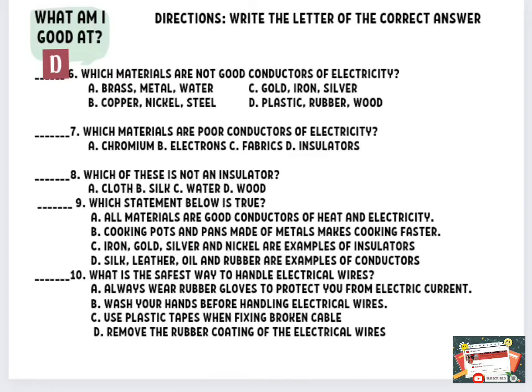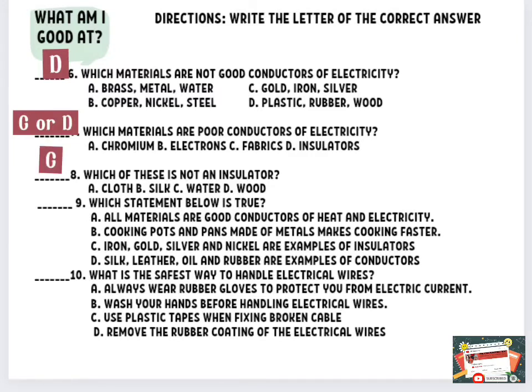A. chromium, B. electrons, C. fabrics, or D. insulators? The answer is either C or D. 8. Which of these is not an insulator? A. cloth, B. silk, C. water, or D. wood? The answer is letter C. water.